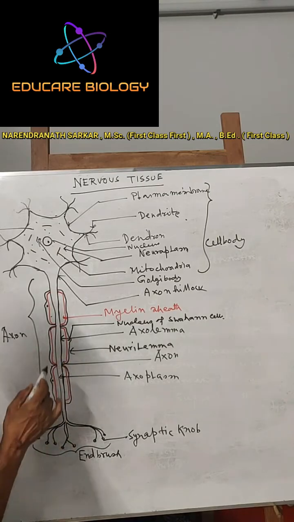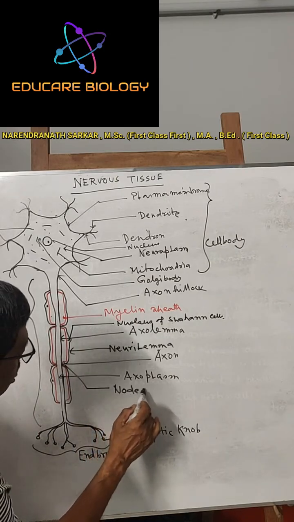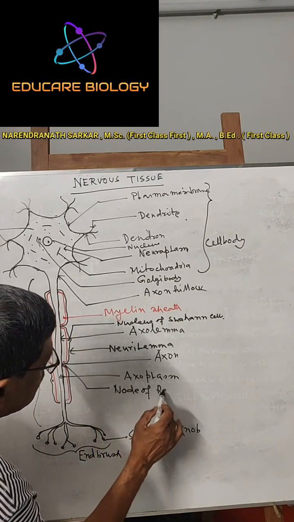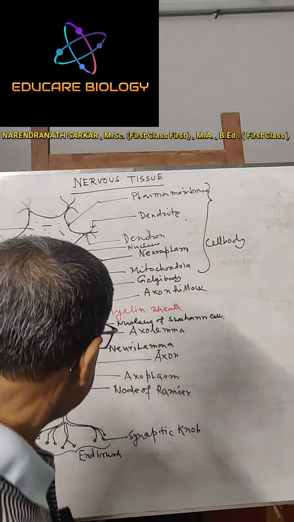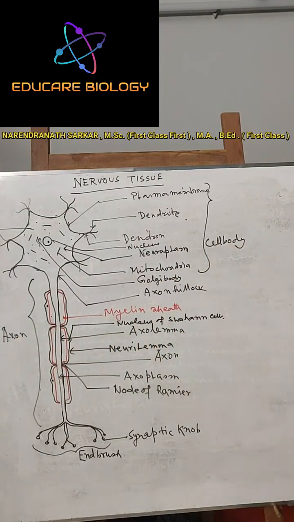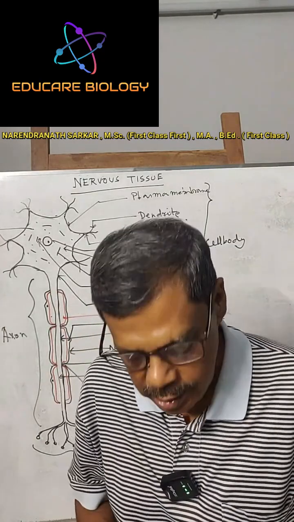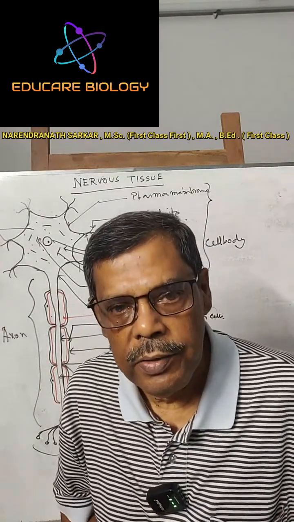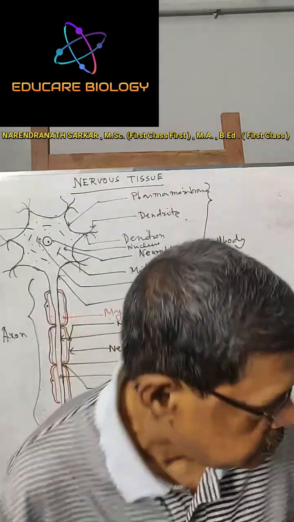This forms the node, called the node of Ranvier. These are the structures of a typical neuron. That is a multipolar neuron. Neurons may be unipolar, non-polar, bipolar, pseudo-unipolar, etc. This is the typical multipolar neuron.